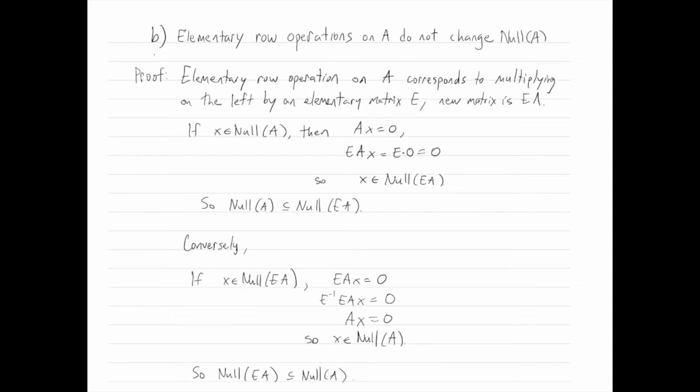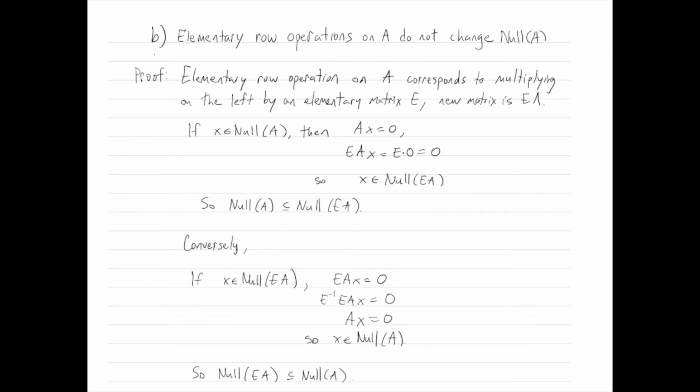Let's multiply both sides by E. E times 0 is 0, and therefore EA times x is 0. That means x is in the null space of EA. So if we start with a vector in the null space of A, that vector is in the null space of EA, and therefore the null space of A is a subset of the null space of EA.